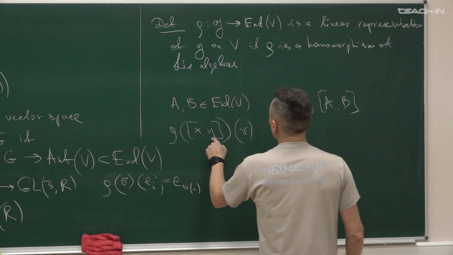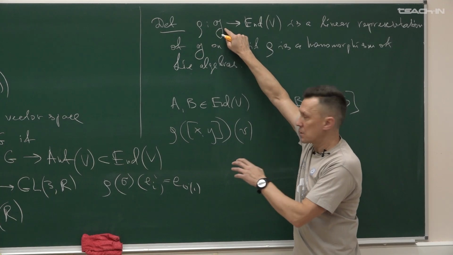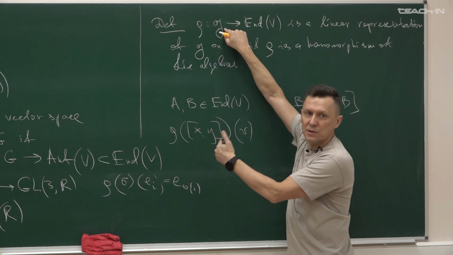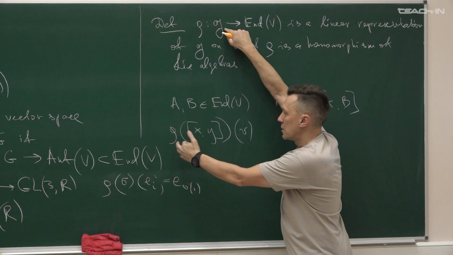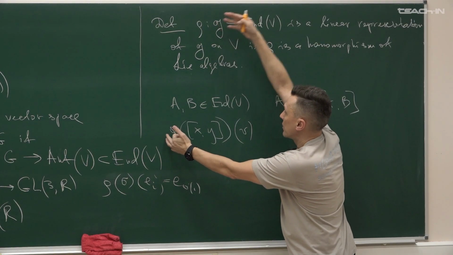You see x and y are elements of the Lie algebra g. We can consider the commutator inside the Lie algebra and then apply our map.